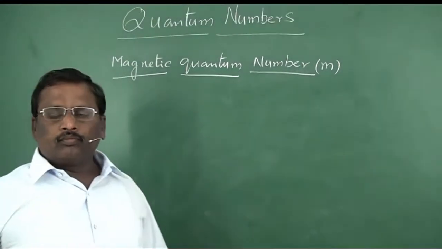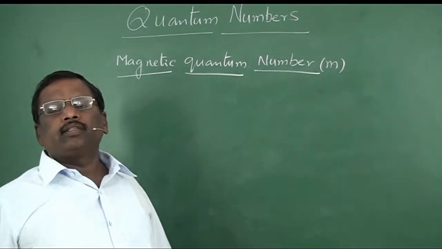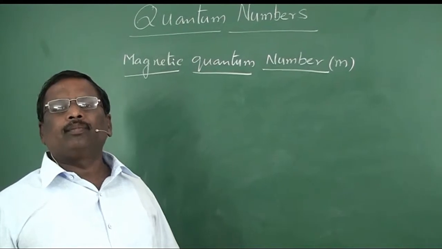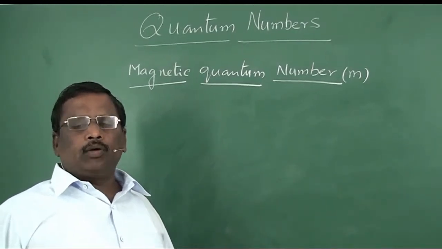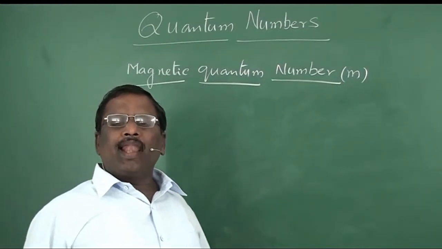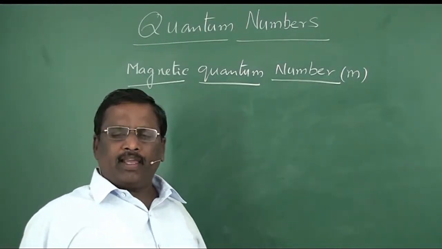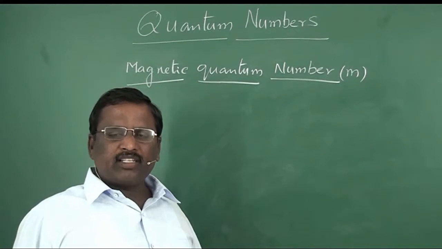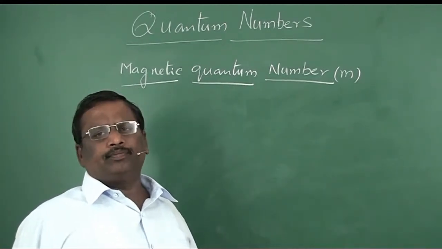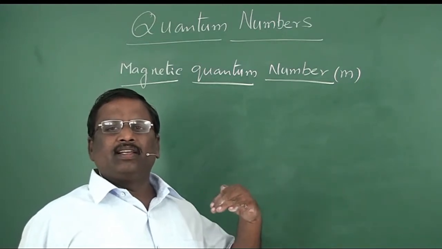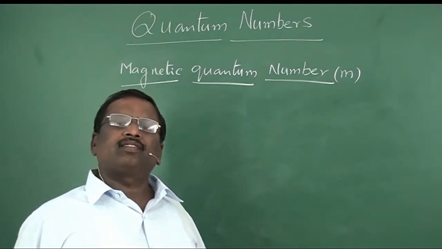Now, the third quantum number is the magnetic quantum number. This magnetic quantum number was proposed by Landé to explain the Zeeman effect and Stark effect. Now let us recollect what is the Zeeman effect and what is the Stark effect.